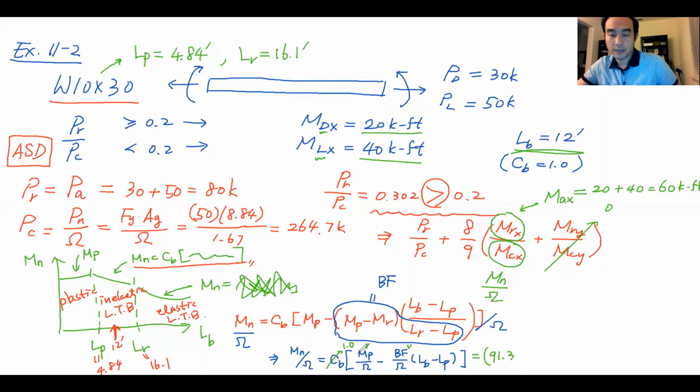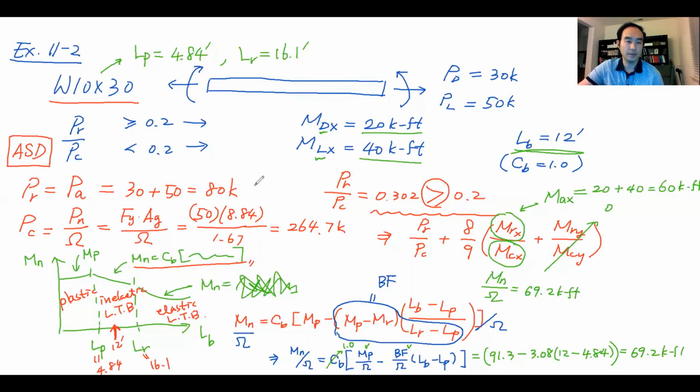So 91.3 is M P over omega, minus B F over omega, which is 3.08, and then times L sub B, which is 12, minus L sub P, 4.84. Okay, so when you calculate it, I got 69.2 kip-feet. So that is our capacity down here in the denominator. So this value is going to be now 69.2 kip-feet.